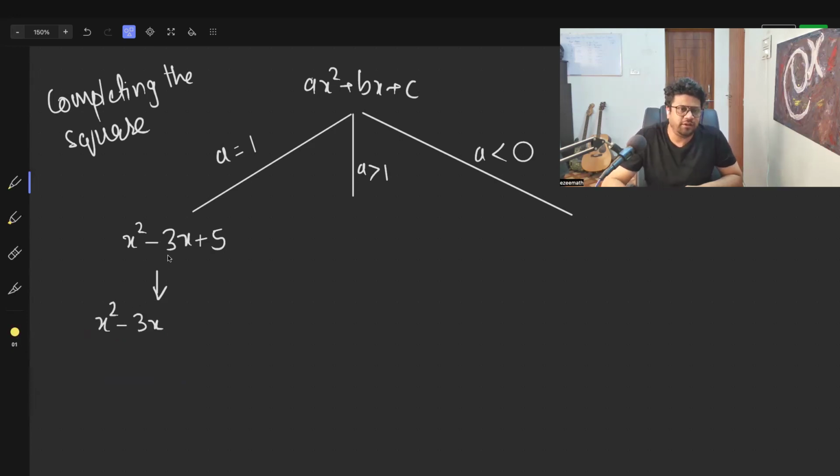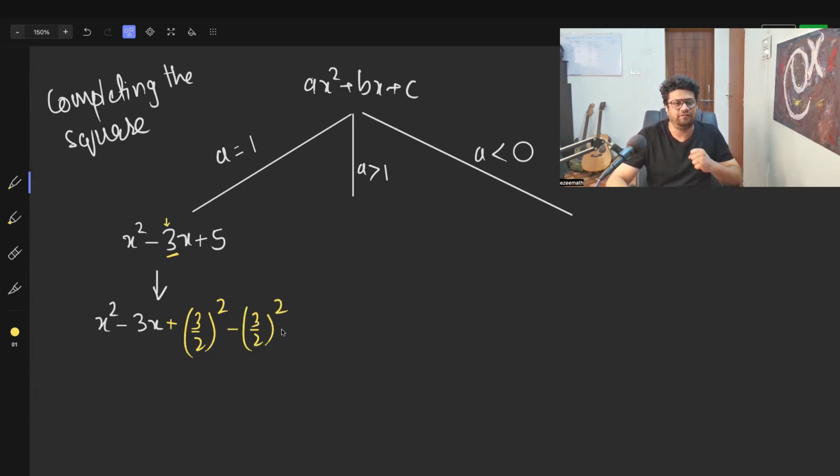Look at that 3: you're going to add (3 divided by 2) squared minus (3 divided by 2) squared. And of course, the rest of it stays like it was. There's a 5 there.